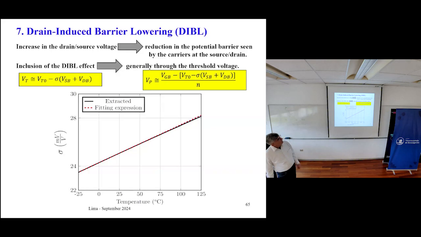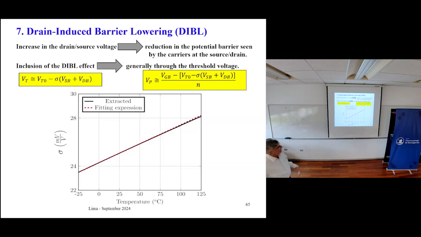Why is this parameter important? Because we don't have a saturation in the transistor. We have to model the so-called short channel effects. And up to now, I have talked about the long channel device. Now let's talk about the short channel effects.